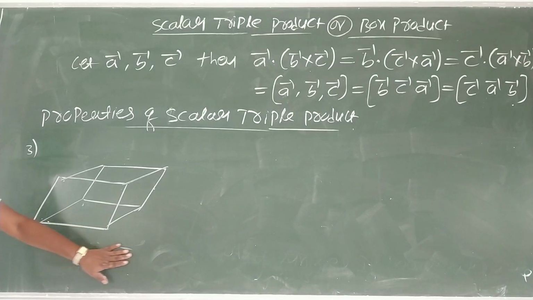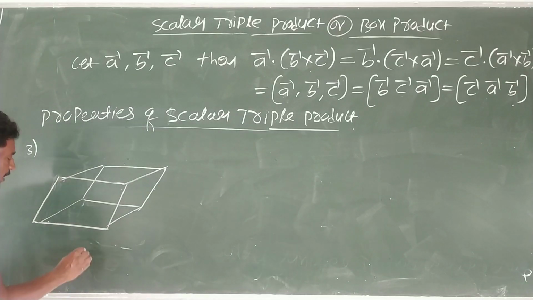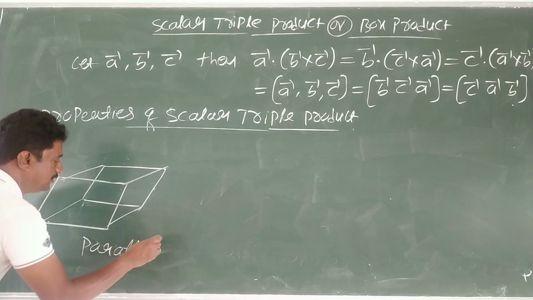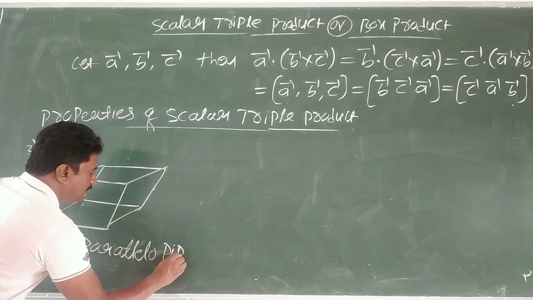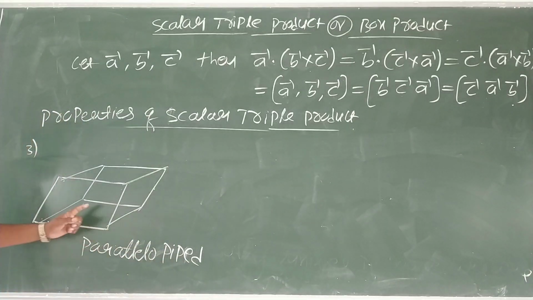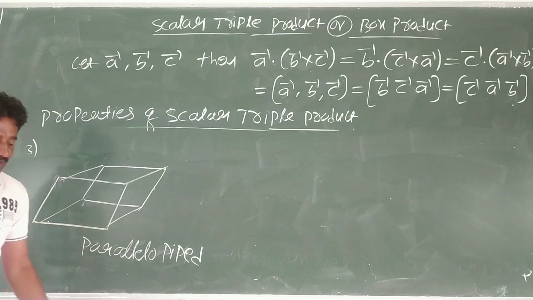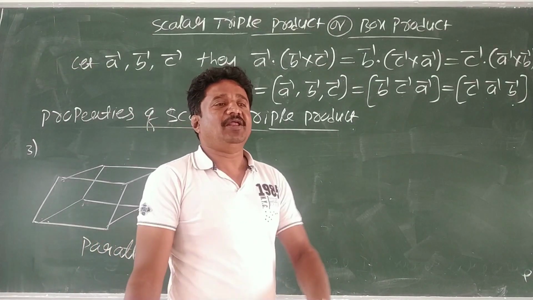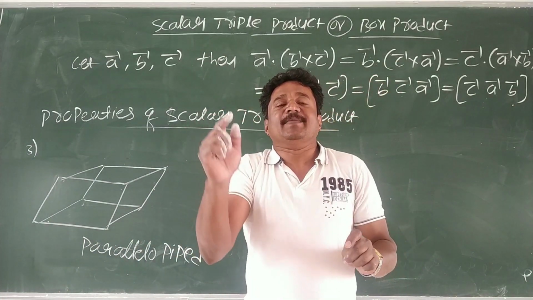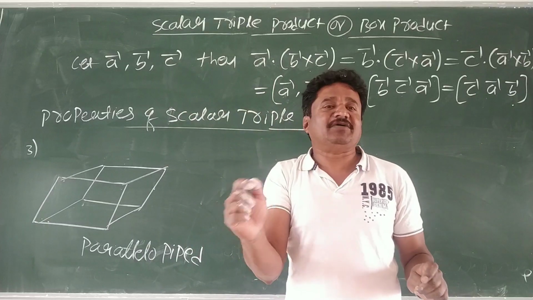This is called a parallelepiped. Students, you know the cube very well. Cube means a box with all faces equal.